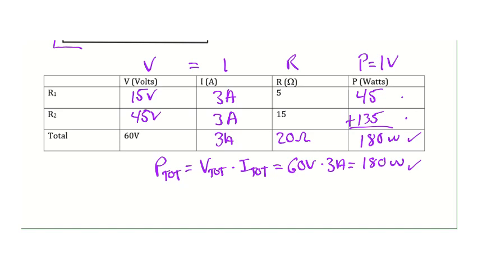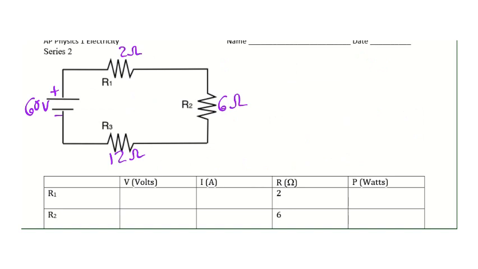We can now move on to our second example of a series circuit. So I've gone ahead and I've labeled resistor 1, resistor 2, and resistor 3 using the information from the VERP chart. And I've also labeled the voltage at the power supply as 60 volts as indicated under the total voltage.